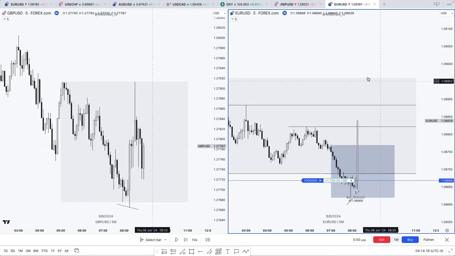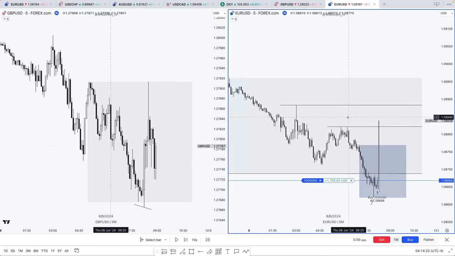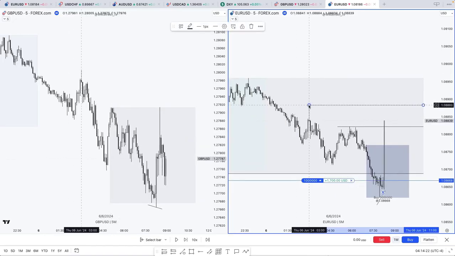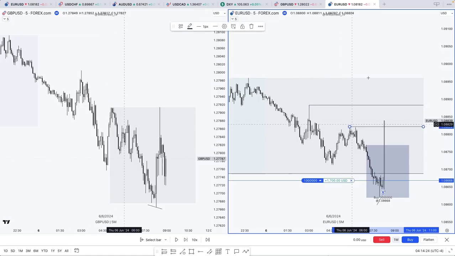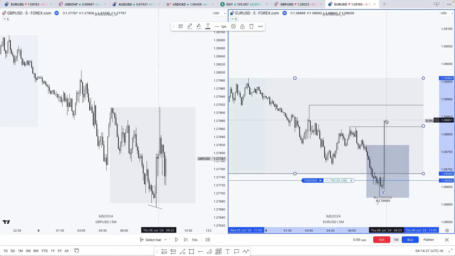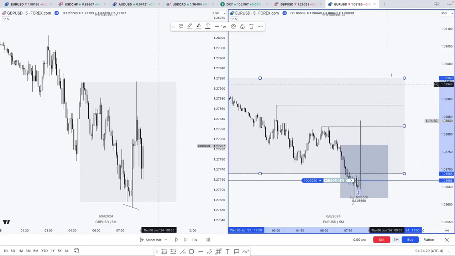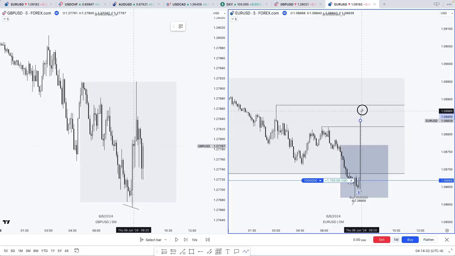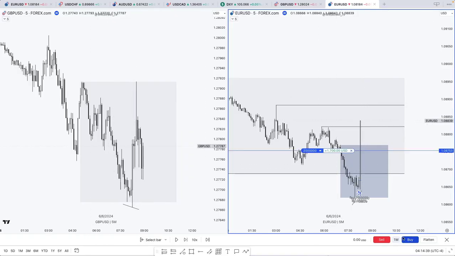The draw on liquidity is not reached yet, so we can buy again. It doesn't matter that we are buying up here because it will continue going to our target. It will be doing something like that, okay? So we are not fearful to buy again. Bam.